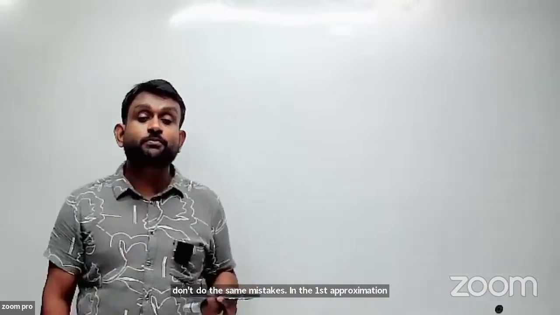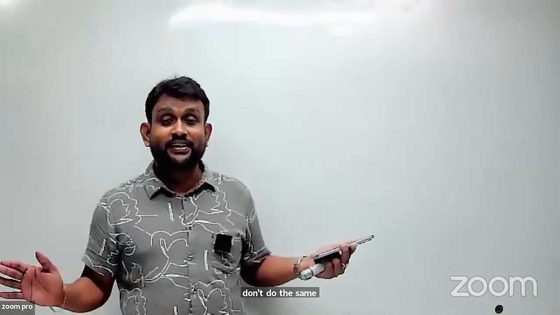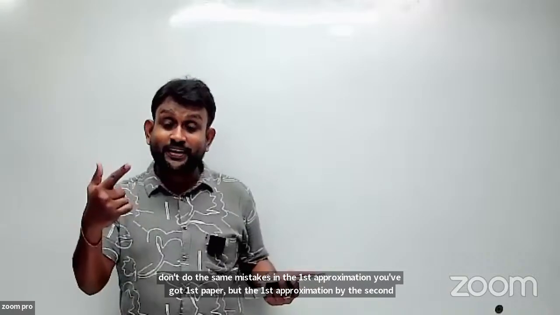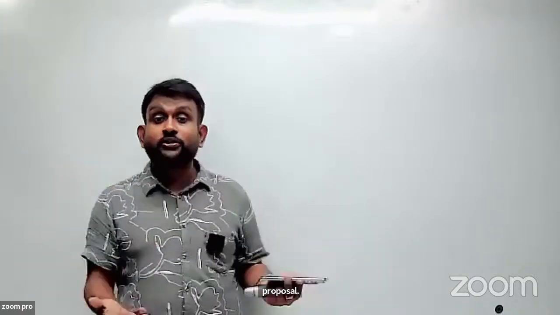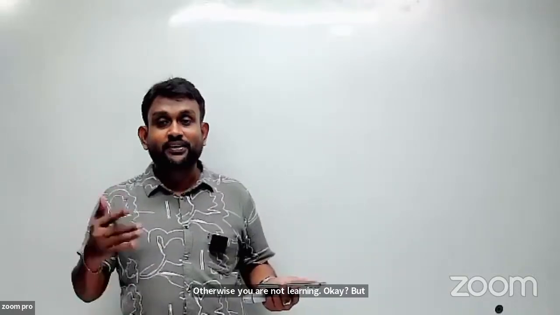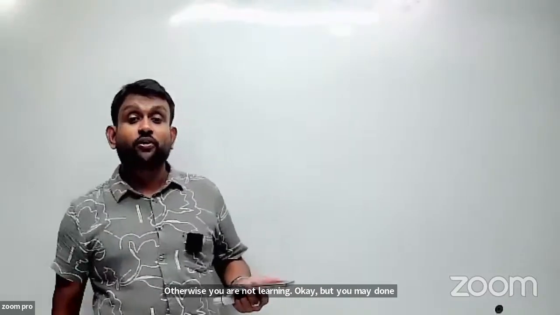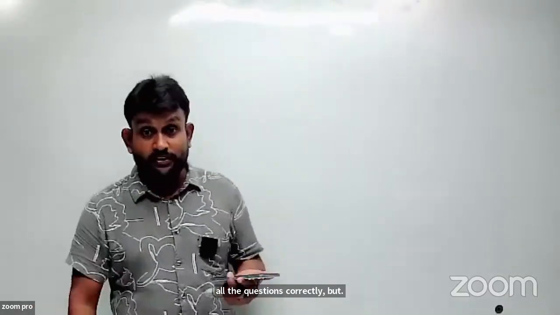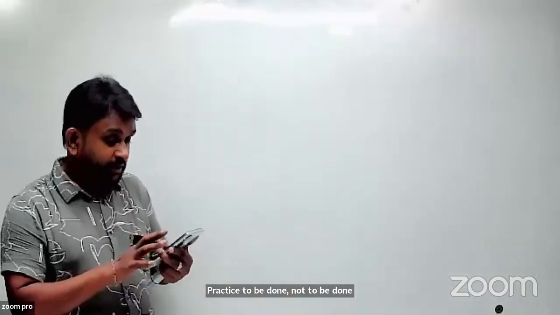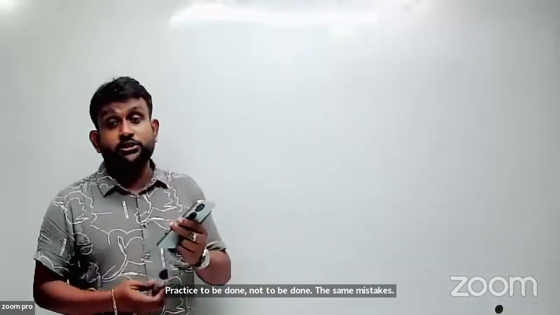If you got the first approximation incorrect in the first paper, don't get it incorrect in the second paper as well, otherwise you are not learning. You may have done some questions incorrectly, but practice so as not to repeat the same mistakes. Okay, right, now I move to question number 1 of part B.